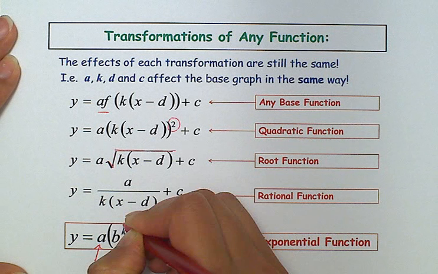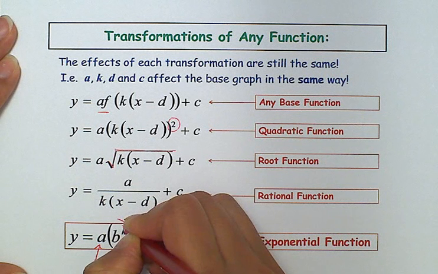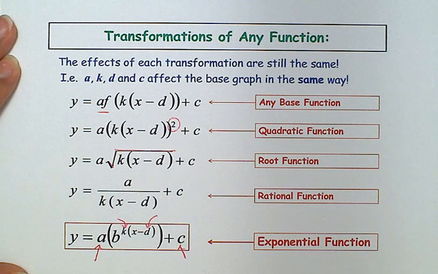Because x is in your exponent, when you're looking at exponential functions, K and D also appear in your exponent. Those are your horizontal stretch and compression for K and your reflection as well, and your horizontal shift left or right for D. Both of your horizontal transformations appear in the exponent.